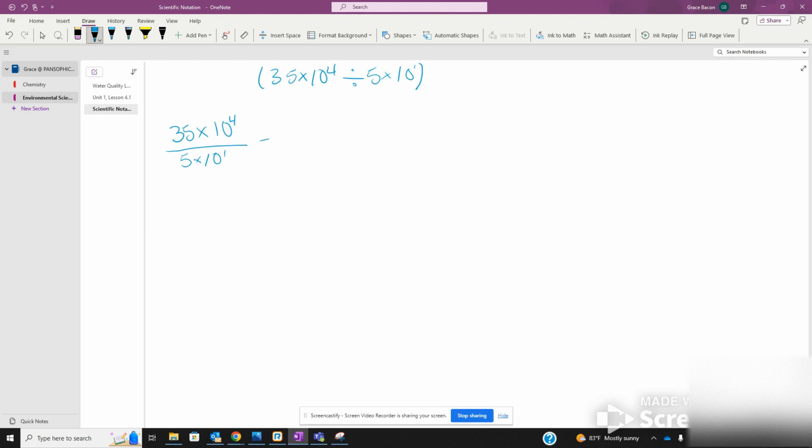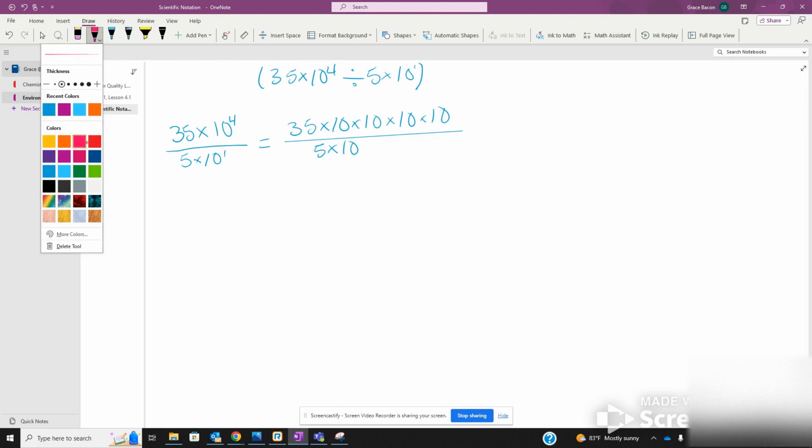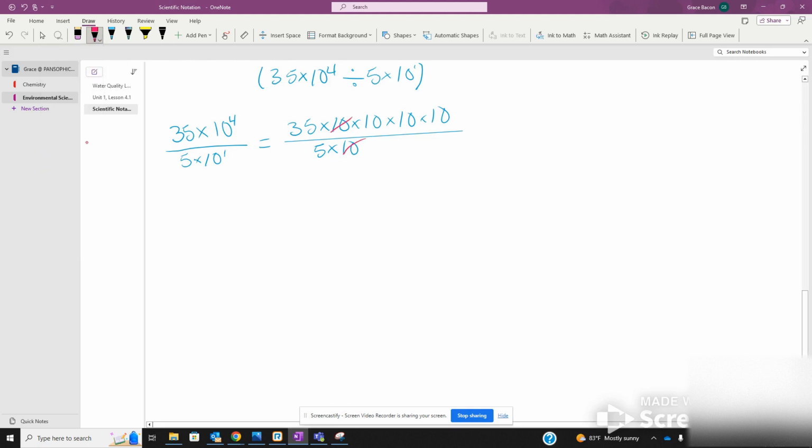Okay, so let's expand it out again. I've got 35 times 10, 2, 3, and 4. And below, I've got 5 times 10, and I've only got one of them. And we know right away that we can cancel out one of our 10s.